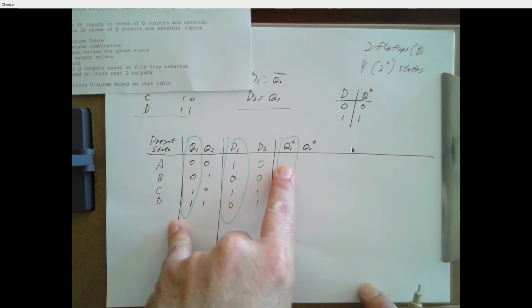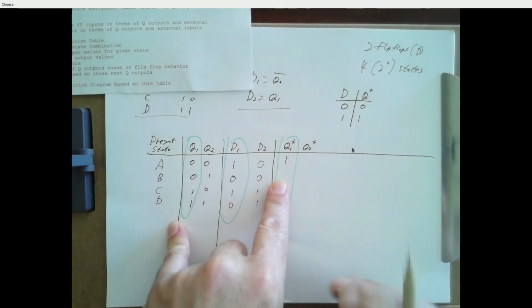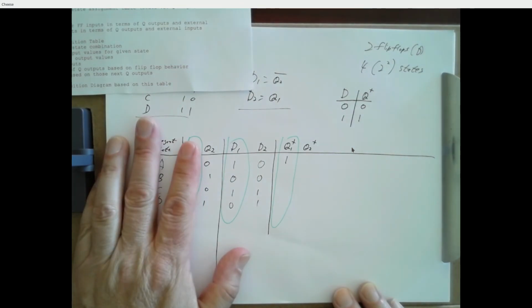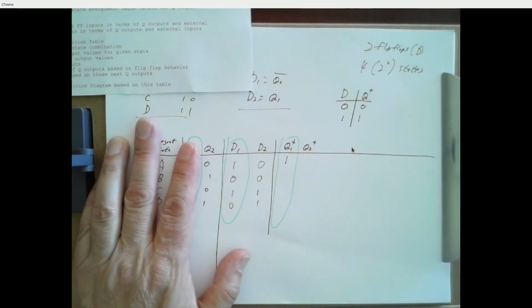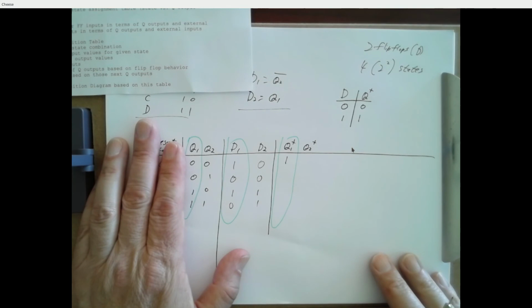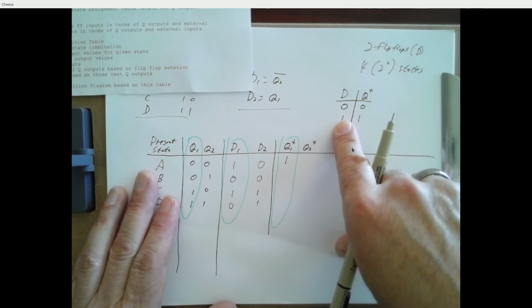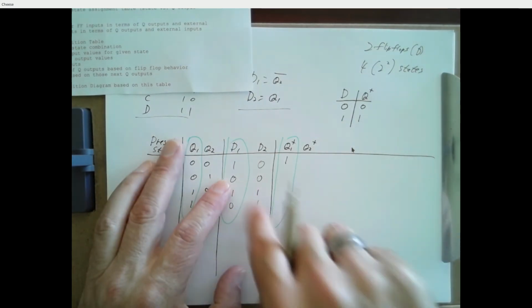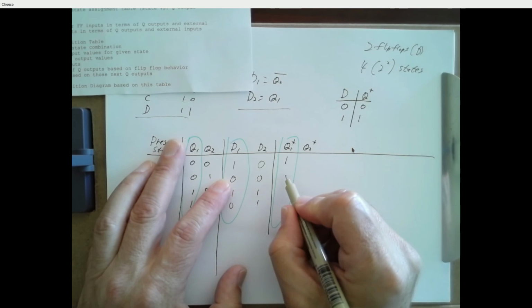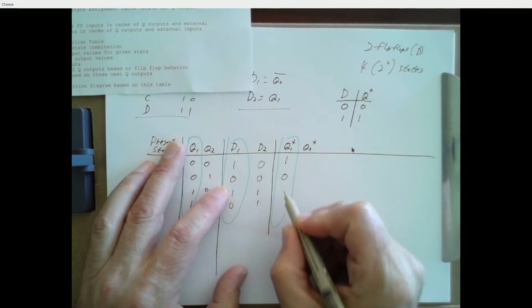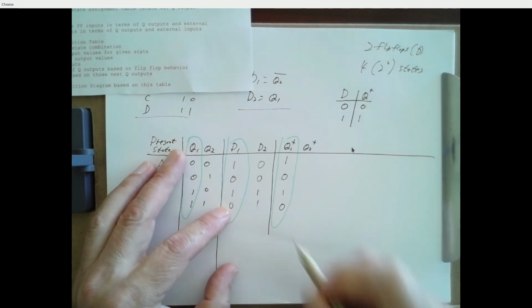What's the new value going to be? This doesn't matter, right? The current value of a flip-flop has no effect on its new value. That's another reason why they're easier to work with. The only thing that matters is what the D input is. So in this case, the D input is a 0. What's the new value of Q? 0.